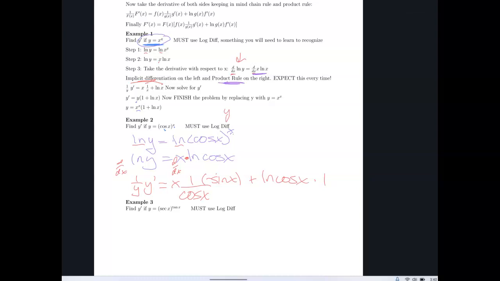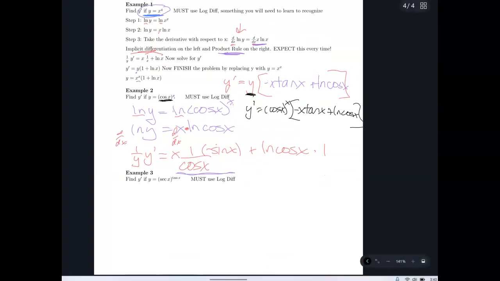So y prime equals, and I'm just going to write this term here just in a shorter way, negative x tangent of x. Not necessary, but less to write. And then the very, very last step is to put what y is equal to back in. So y prime will be cosine of x to the x times negative x tangent plus ln of cosine.